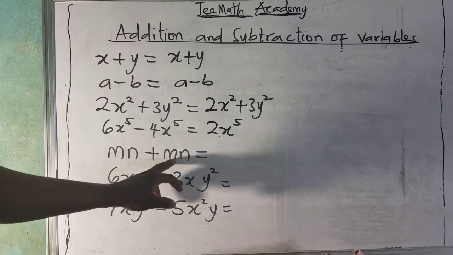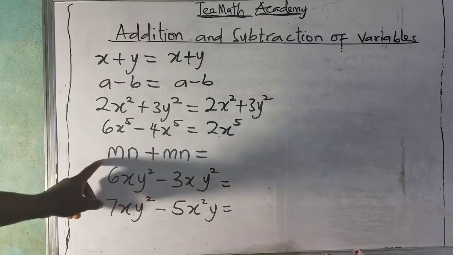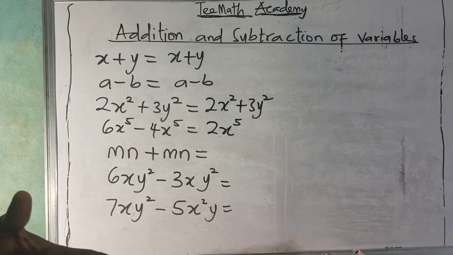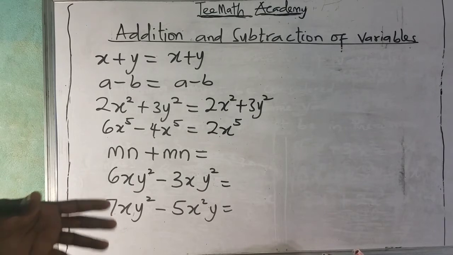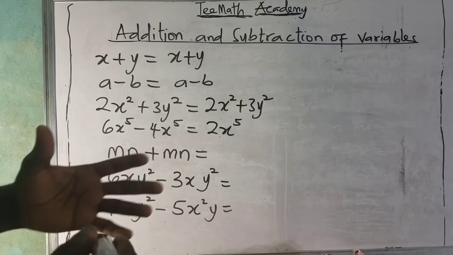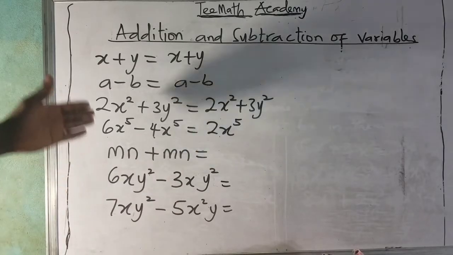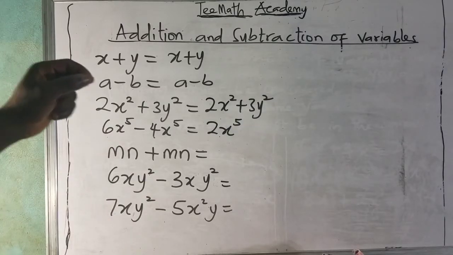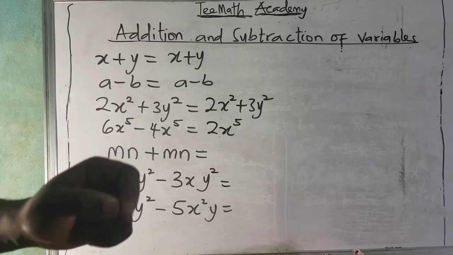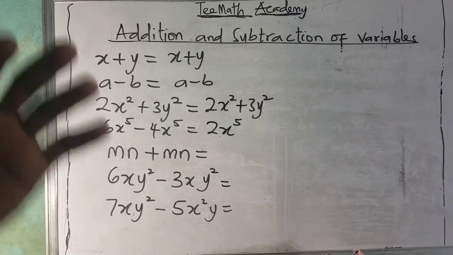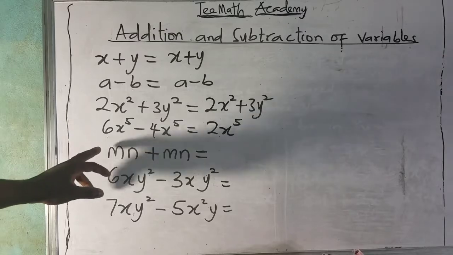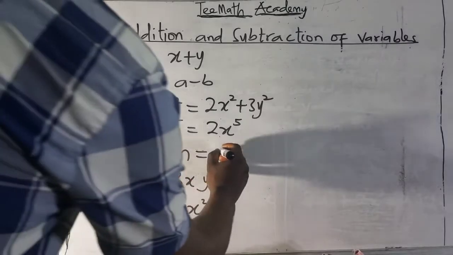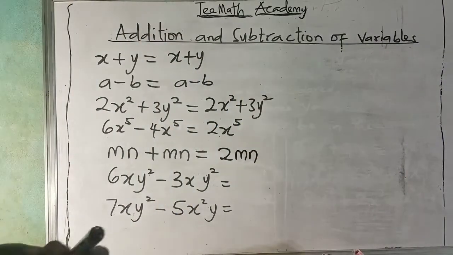In addition and subtraction, if you have passed the law that they have the same variable and equal powers, what you need to do is that you add or subtract their coefficients as the case may be. Here the coefficient is 1, 1. That is 1 plus 1, which is 2mn. That's it.